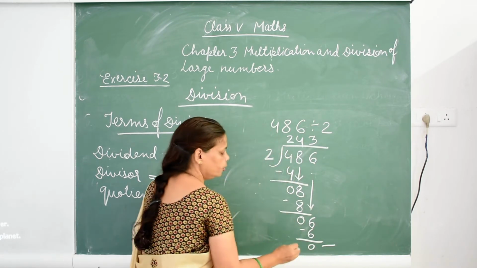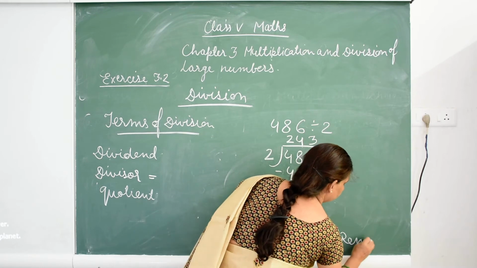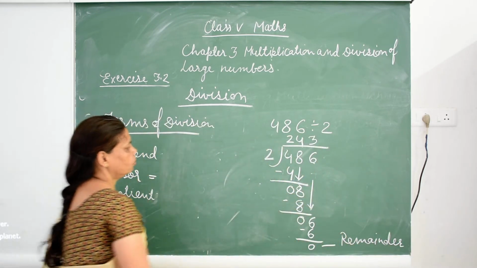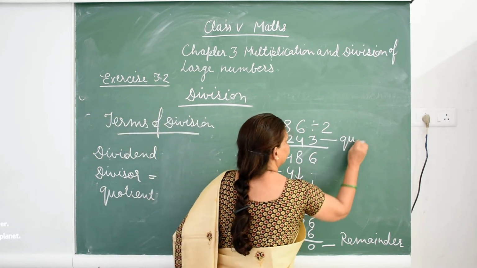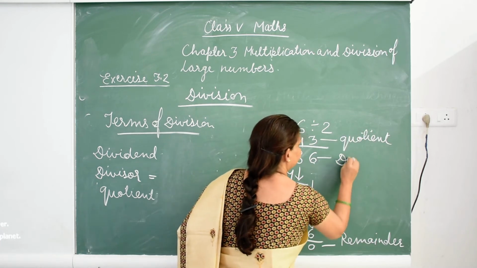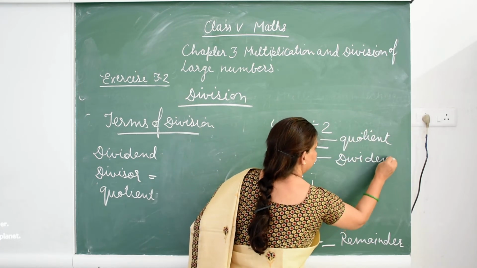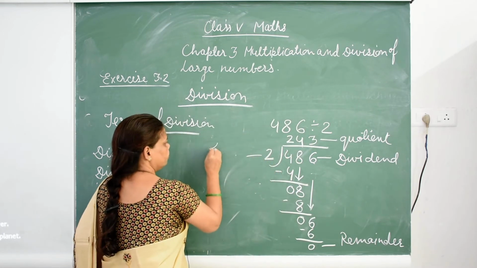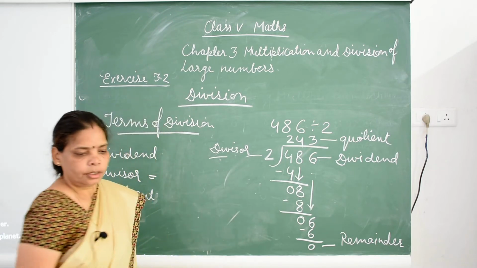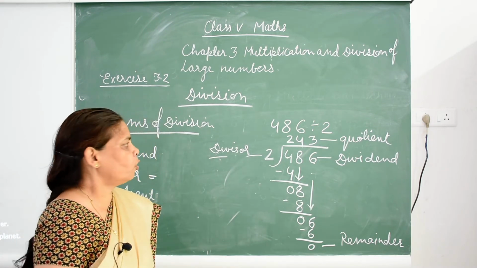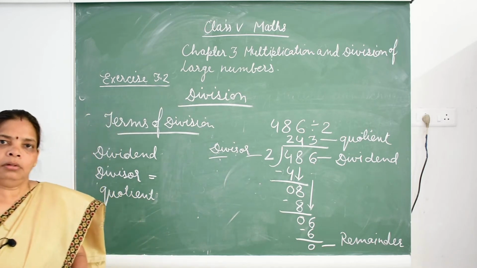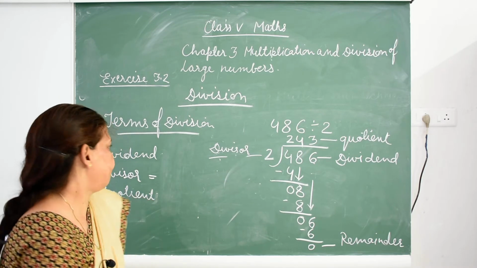Here remainder is 0. Now this is the quotient, this is the dividend, and this is the divisor. It means division is equal grouping और शेयरिंग. किसी भी चीज़ को हमको इक्वल ग्रुप्स में डिवाइड करना, पार्ट में बांटना.